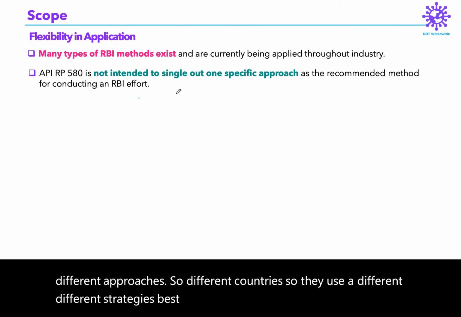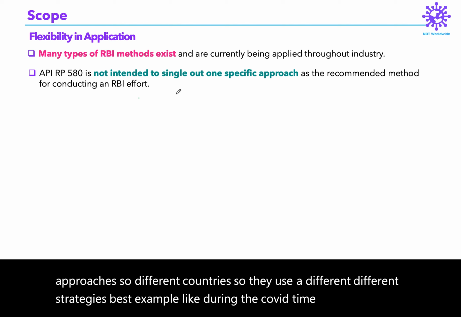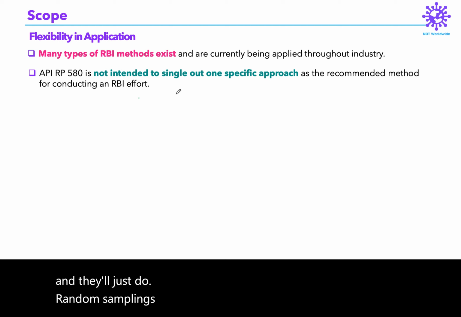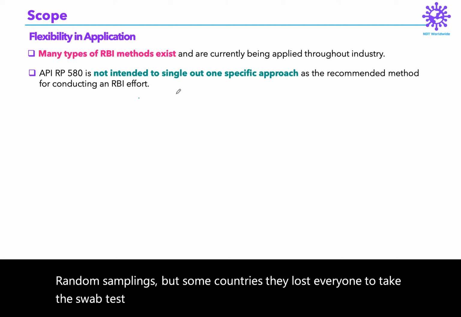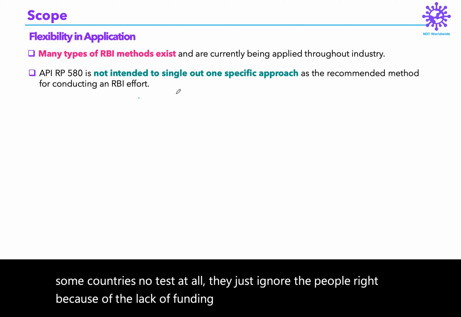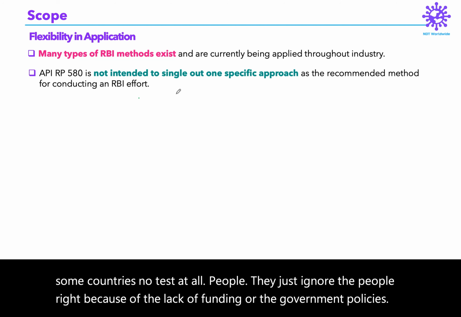Best example, during the COVID time, some countries used sampling, so they'd take one area and do random sampling. But some countries asked everyone to take the swab test. But in some places, like African or Asian countries, some countries had no testing at all. They just ignored the people, because of the lack of funding or government policies, and people also were not supportive sometimes.